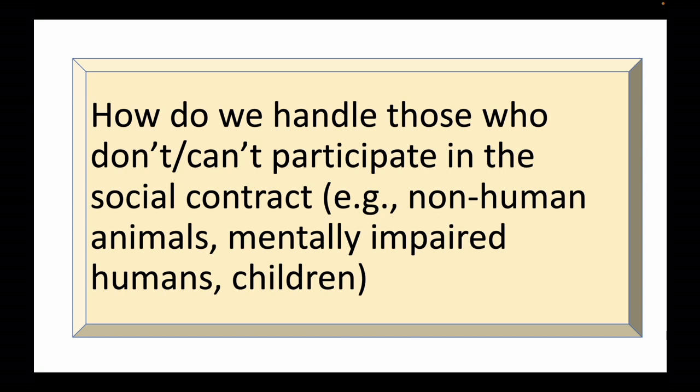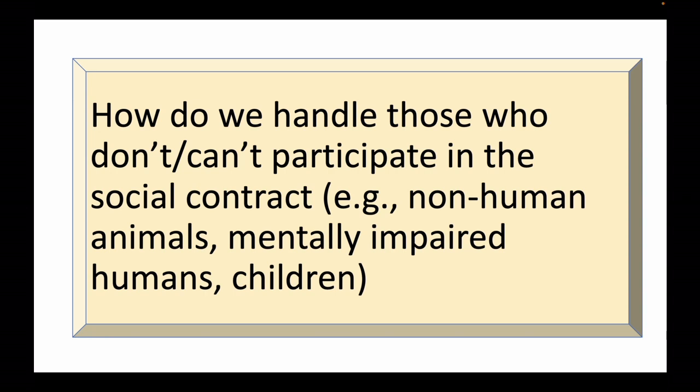Obviously, it implies rational individuals, because non-human animals, the mentally impaired, small children, and other individuals are not able to agree or disagree. They don't even have a concept of a contract. Some of them don't even have a concept of self. So what do we do about them? If they are not part of the contract, what are they? How do we behave? What do we do to them?